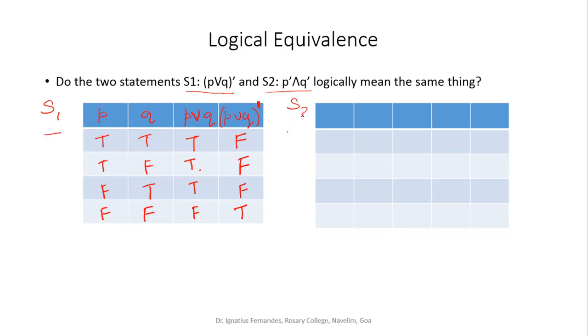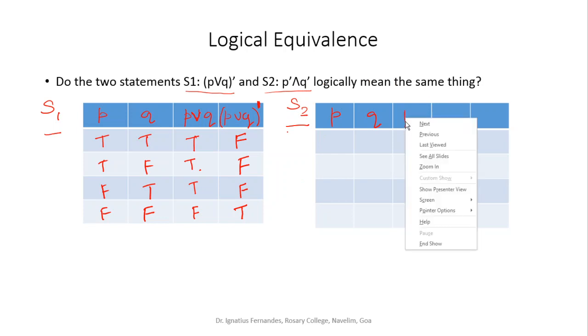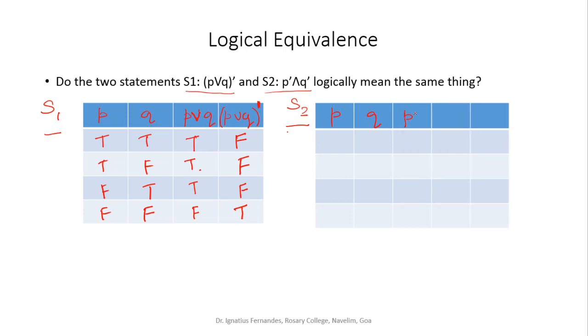Now we write down the truth table for S2. In S2 also I have P, Q, then P bar, then Q bar, and then P bar and Q bar. That is the statement that we are trying to write down. The same way, the truth values for P and Q are TT, TF, FT and FF.